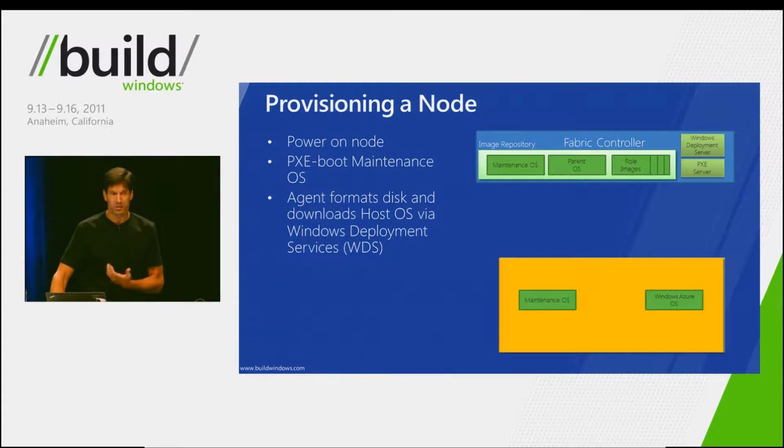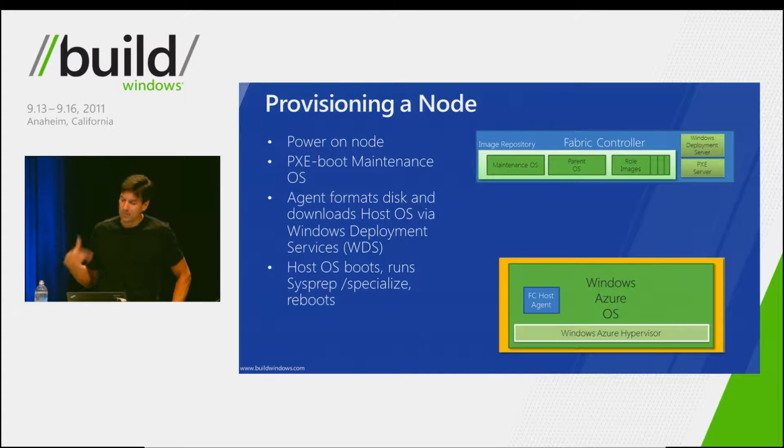The Fabric controller also has Windows Deployment Server built into it, which is then broadcasting images to these various blades that need them. So we bring down the Windows Azure operating system, which is brought down in a VHD. Everything is boot from VHD and VHD oriented in Windows Azure. In fact, Windows Azure had boot from VHD before Windows did. It's one of those concepts that went from Azure back into Windows Server in Windows 7.